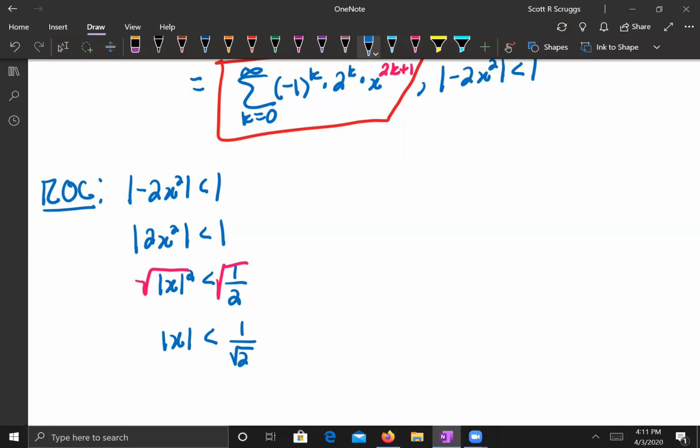Or, if you really want to, you could rewrite that as root 2 over 2. It doesn't matter which form you put that in. I just think it's pretty epic to see root 2 over 2. So I'm going to leave it as root 2 over 2.